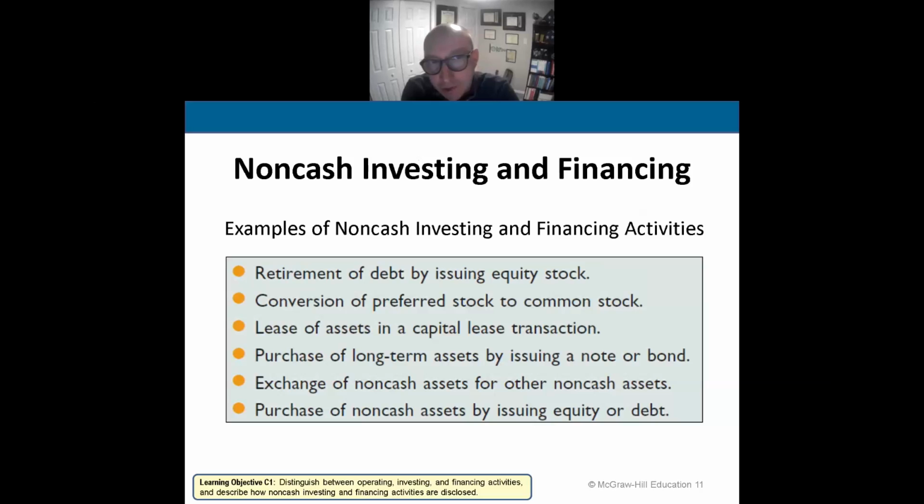And then sometimes there's non-cash investing and financing. Sometimes there might be a deal where you exchange. I think we talked about this last week. You exchanged the purchase of land in the form of stock.